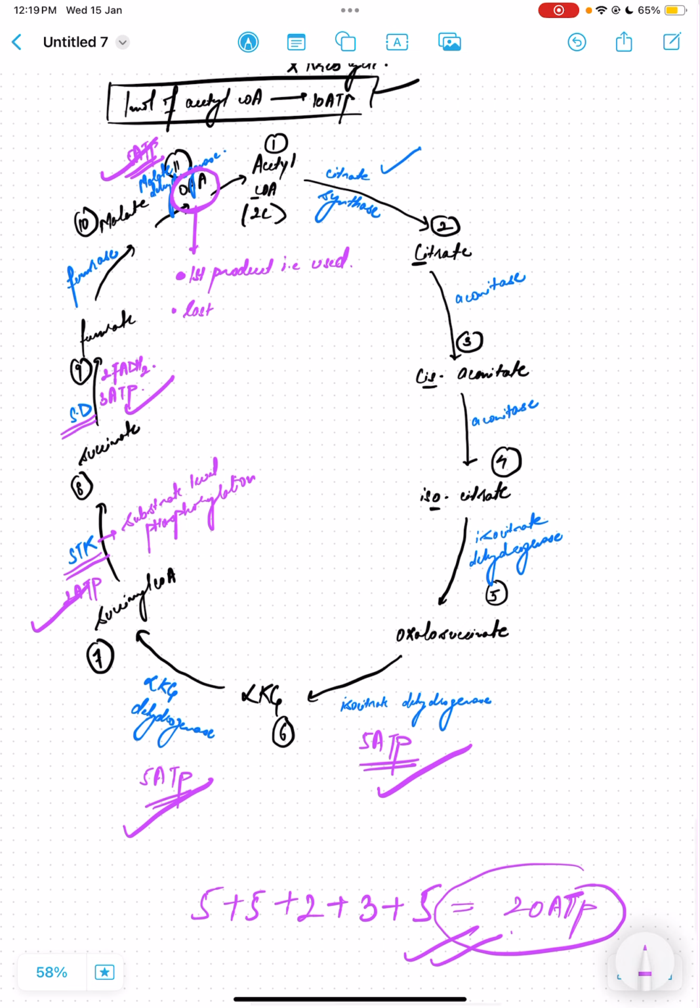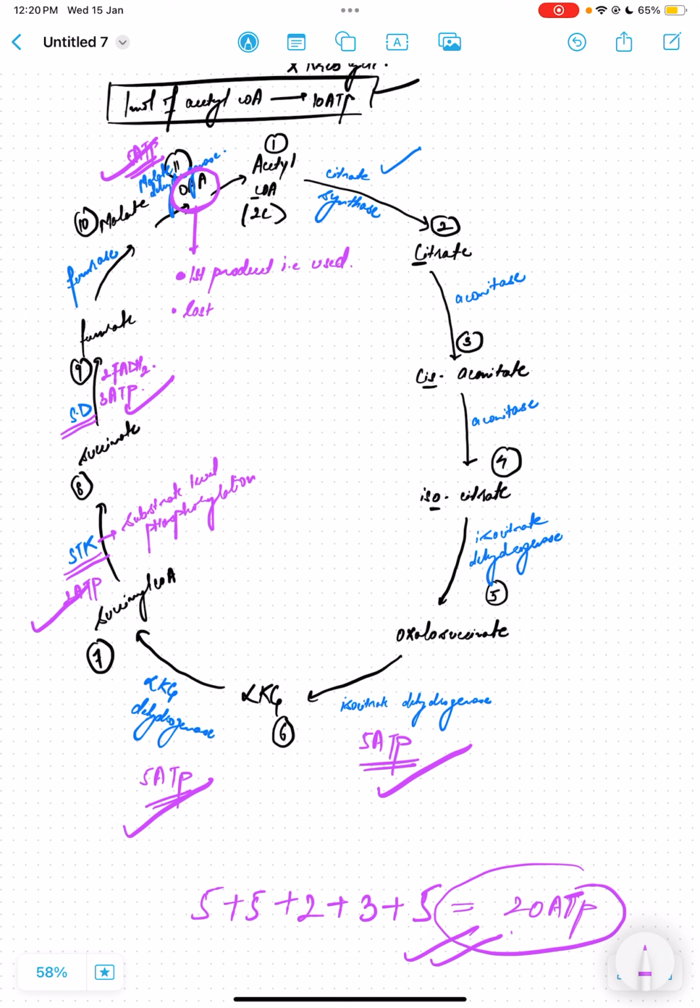So let's revise this Krebs cycle again. First of all, there will be acetyl CoA converting to citrate with the help of an enzyme, that is citrate synthase. Then our citrate will convert into cis aconitate with the help of enzyme aconitase. Then cis aconitate will convert into isocitrate with the help of aconitase. Then isocitrate will convert into oxalosuccinate with the help of enzyme isocitrate dehydrogenase.